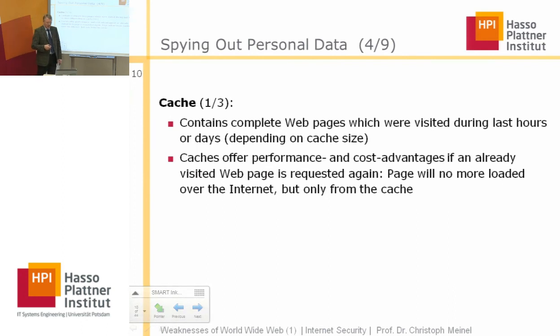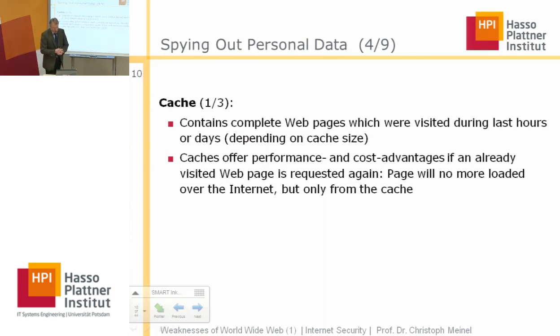The idea of the cache is to prevent large communication efforts and time to access a web page when this web page was already visited in the last time. So cache offers performance advantages, cache offers cost advantages.